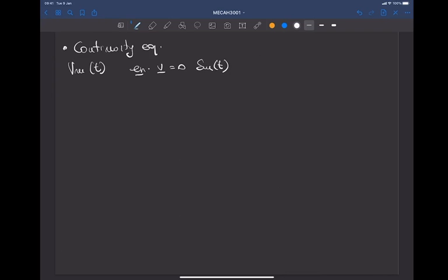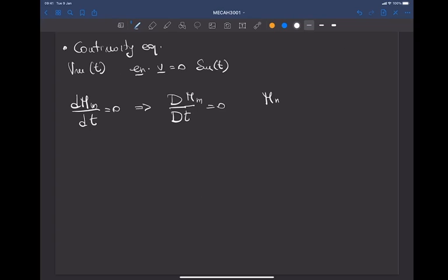Now the mass principle here is quite easy. We just have to say that the derivative of the mass in the material volume in time is equal to 0. It's more appropriate to use the material derivative rather than the total derivative. And so what we have here is capital D m_m, where m means material element, is equal to 0.